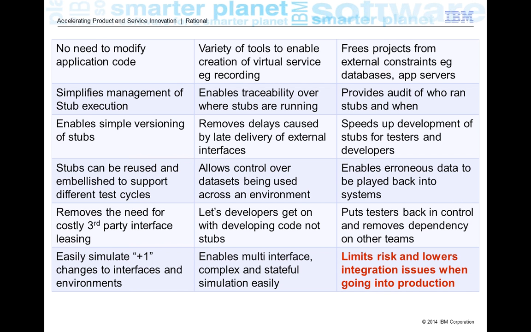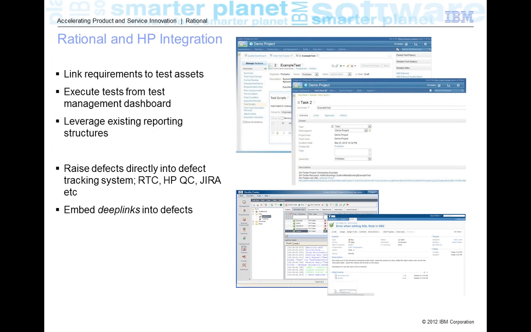So we're essentially beginning integration testing, and we're resolving interface issues much earlier in the cycle, which will result in a shorter period of system testing, which ultimately results in a shortened life cycle.